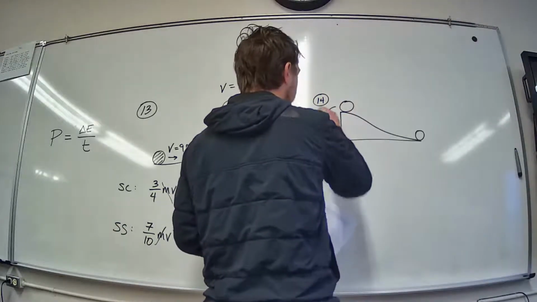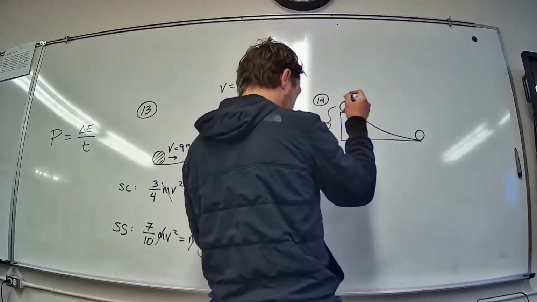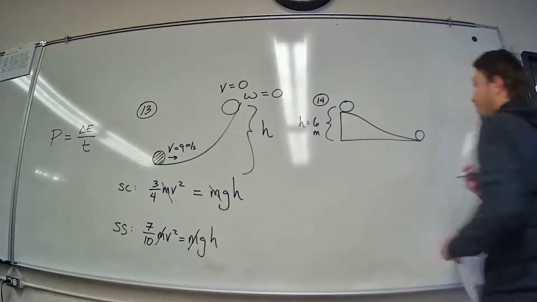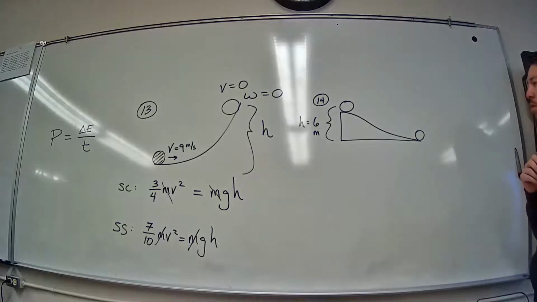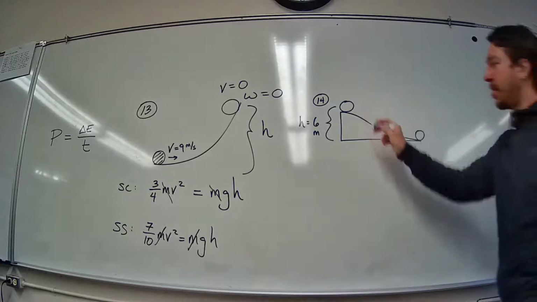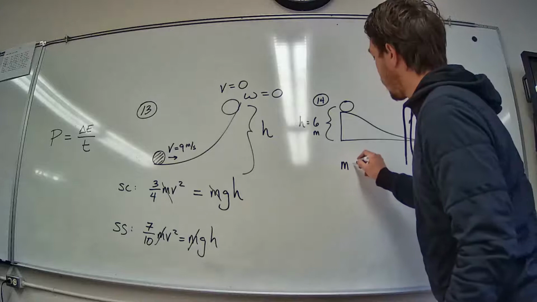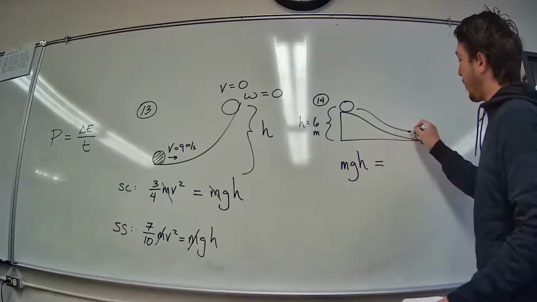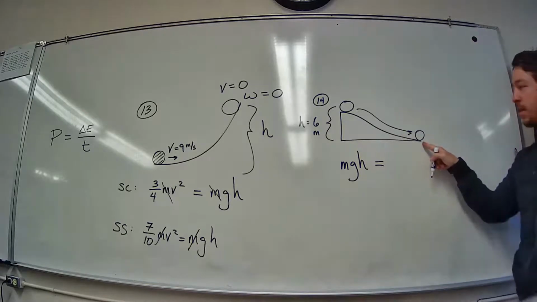We know the initial height is 6 meters, that's a big ramp. So how much total energy do we have stored up there? mgh. All that energy is going to be converted into kinetic energy down here.